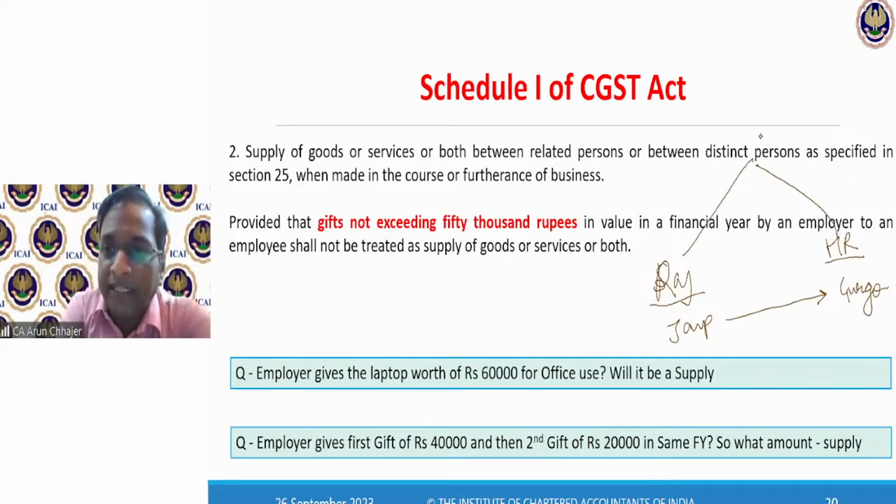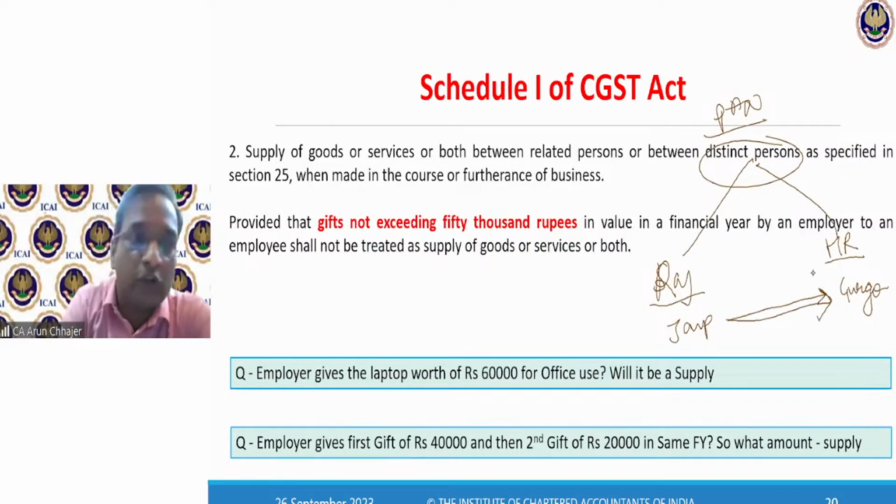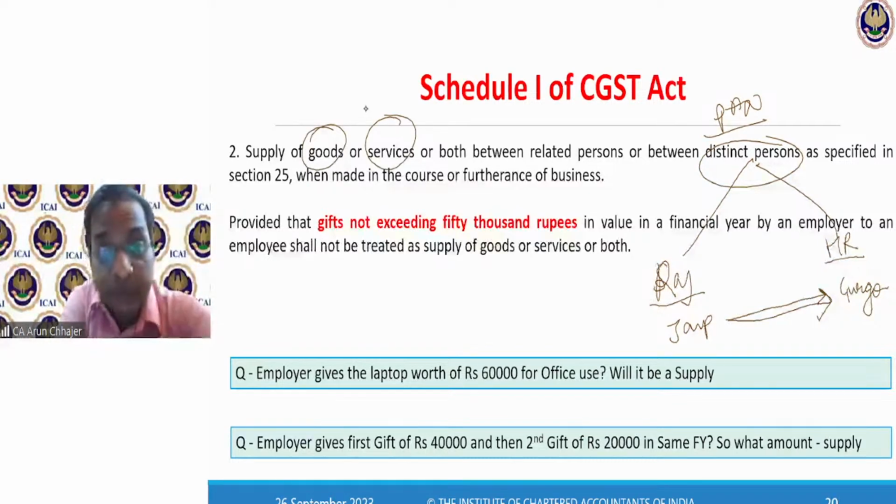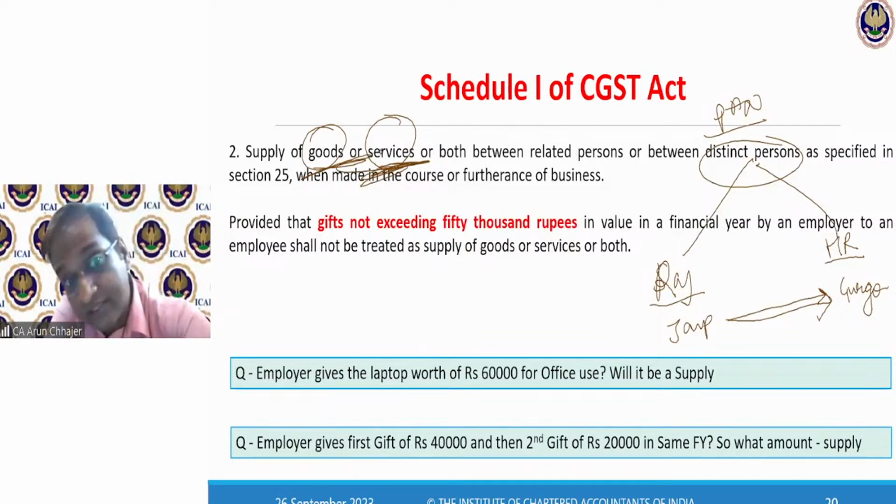Because the permanent account number, the PAN, is the same but the GST number is different, it is called a distinct person. Any supply of goods or services, please note one thing, para 1 is covering the goods, para 2 is covering the goods as well as services.